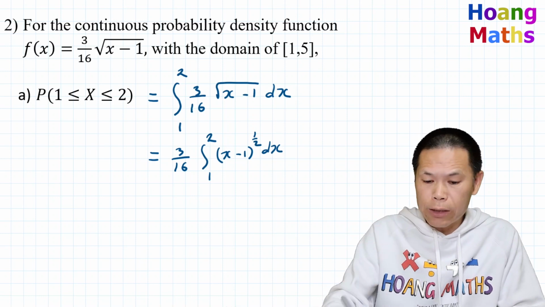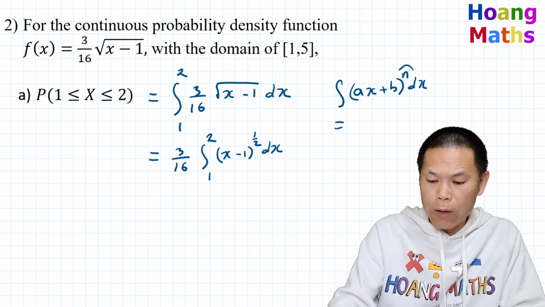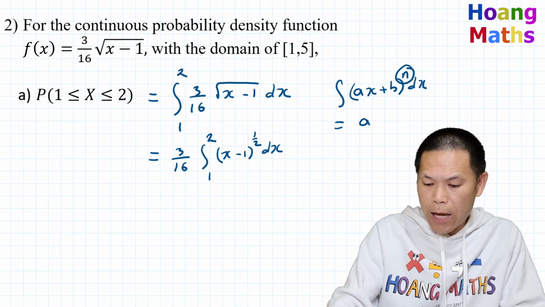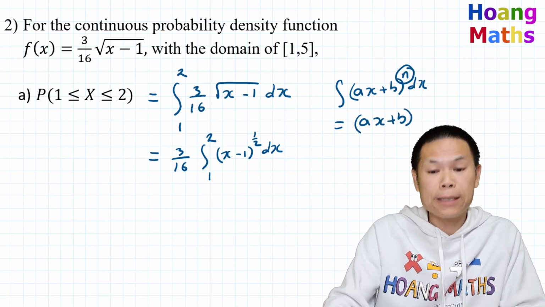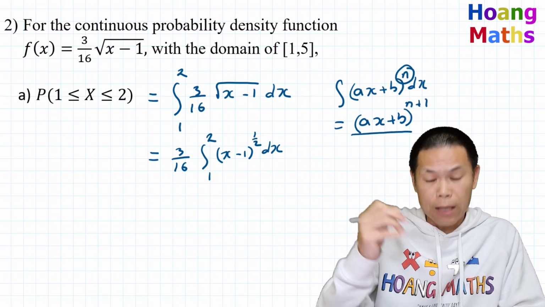To integrate this, remember, if we integrate ax plus b to the power of n dx, we just add 1 to n, so the power becomes n plus 1, and we divide by n plus 1.